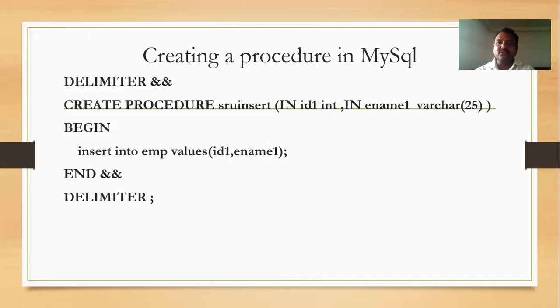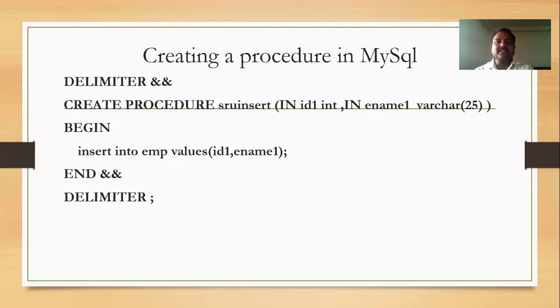Whenever I want to give data into a procedure, we give it as IN. As we all know the importance of IN, it means that these variables are going to take the data from the Java program into the procedure. Then we start the procedure by using the keyword begin.